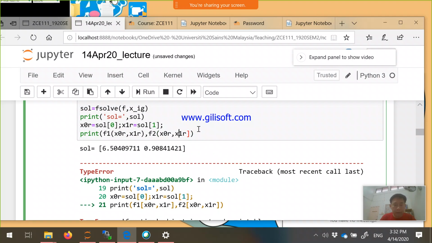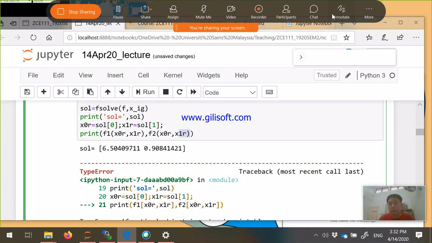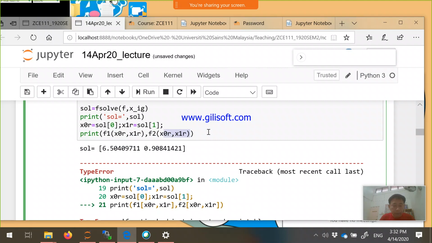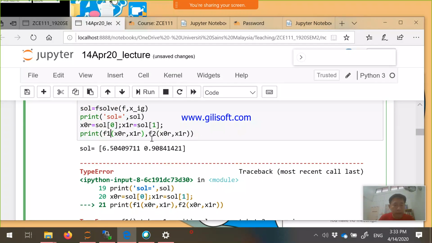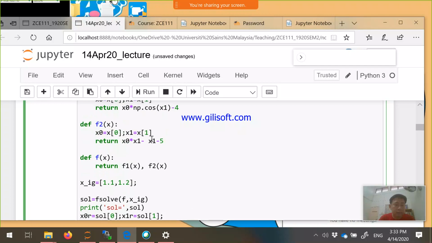I always confuse the square bracket and the curly bracket. The reason is that in Mathematica we always use a square bracket, but in Python we use this bracket more often.